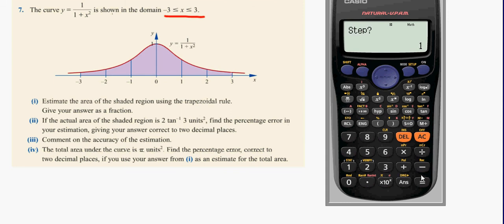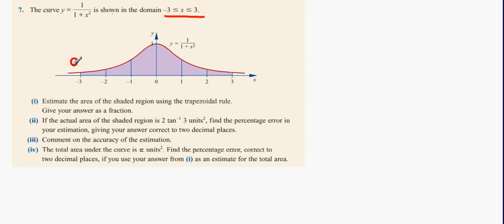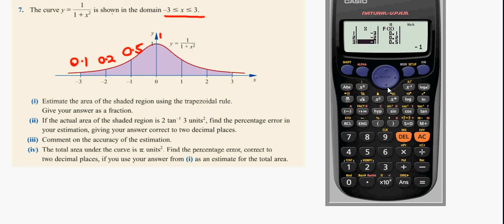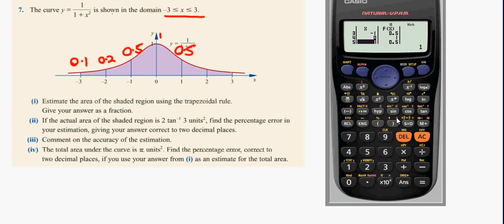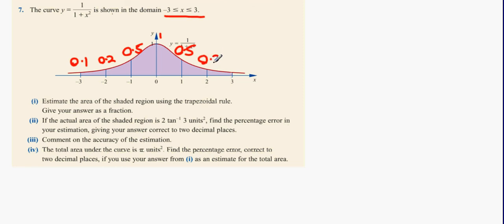And I can write down all the heights here. So what you're going to get is 0.1, 0.2, 0.5, 1, and then you're going to get 0.5, 0.2, 0.1.